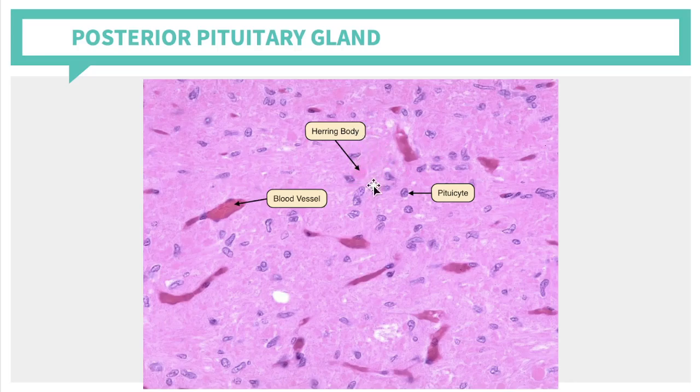Herring bodies, again, are focal axonal swellings that are packed with secretory granules. Upon neural stimulation, your oxytocin and your antidiuretic hormone will be released. And your pituicytes here are glial cells of your pituitary gland, and the nuclei that are visible in sections of the posterior pituitary belong to these cells. Okay? Very good.